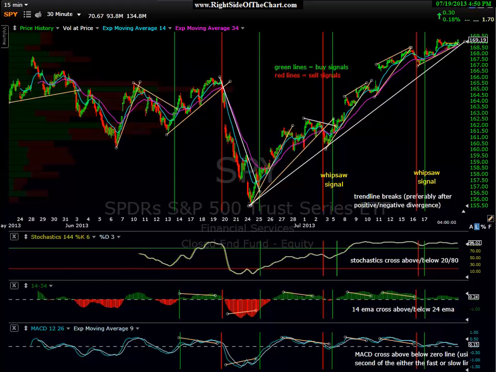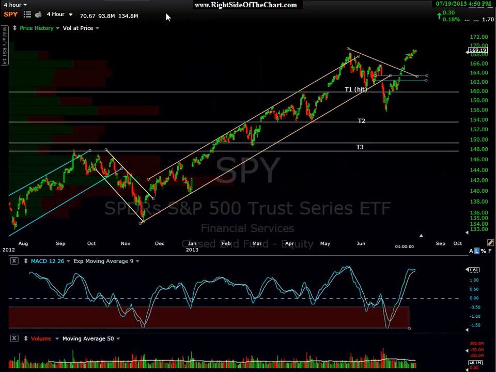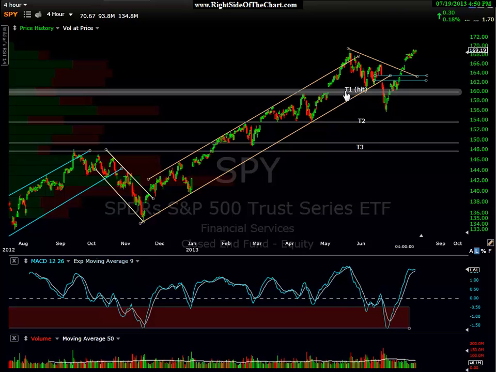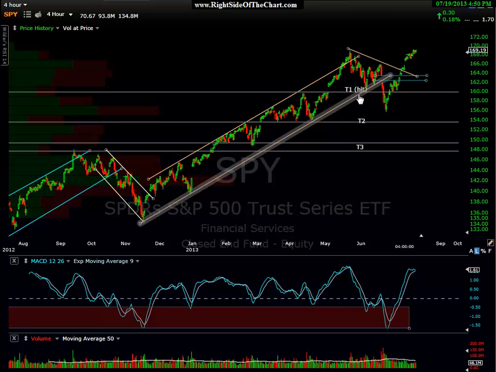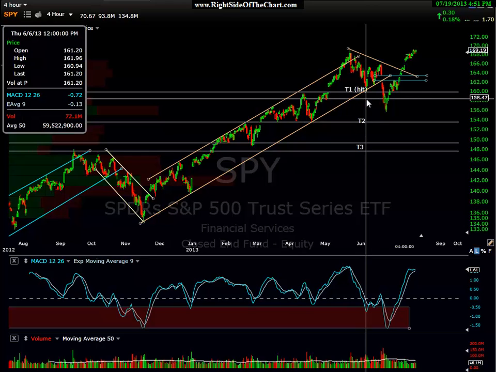And if you recall from my 4-hour SPY chart, go back and you can reference this on the site. Back at that time, we were short here, and I had my first target listed well before June 6th as the first of this horizontal line or this uptrend line here. And back on June 6th, again, you can reference that, we hit that target, which was a time, especially for a more active shorter-term trader, to cover any short positions, maybe reverse long.